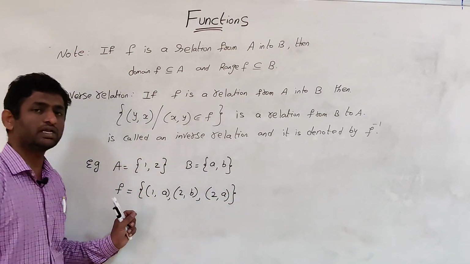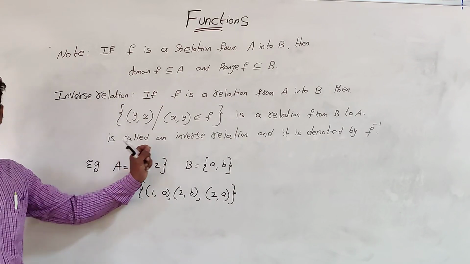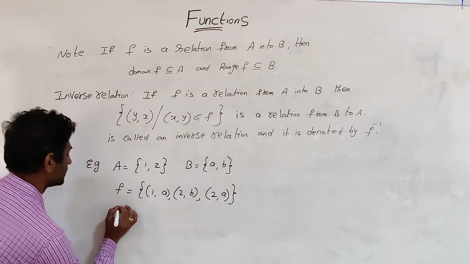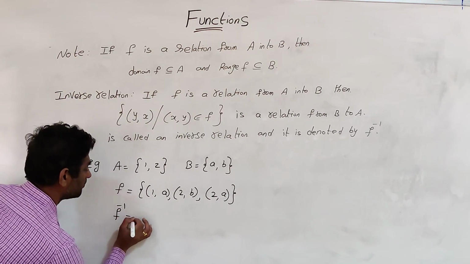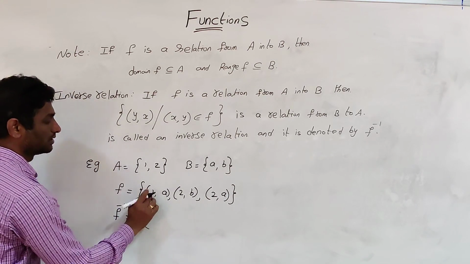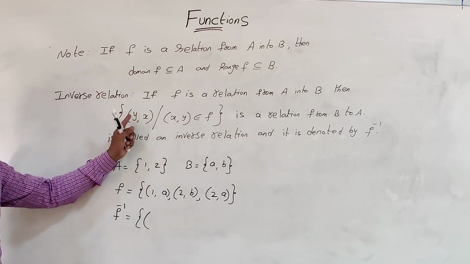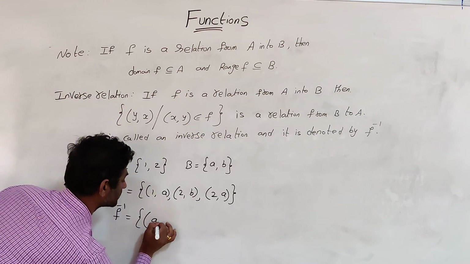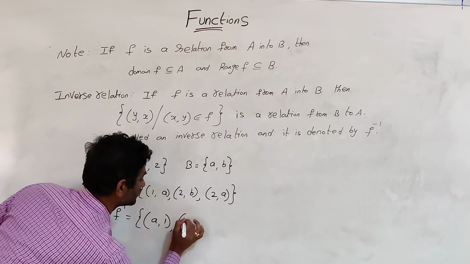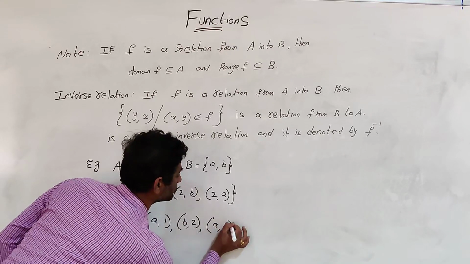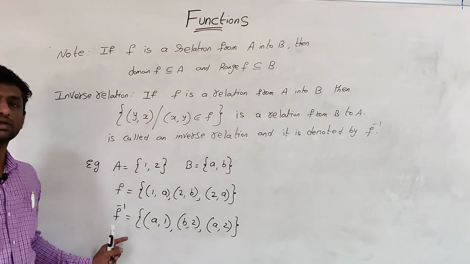So this is one relation from A to B. Then if we reverse the ordered pairs, F inverse will be: if (1, a) belongs to F, then (a, 1), (b, 2) and (a, 2) is the inverse relation.